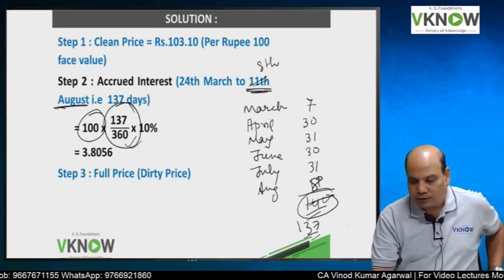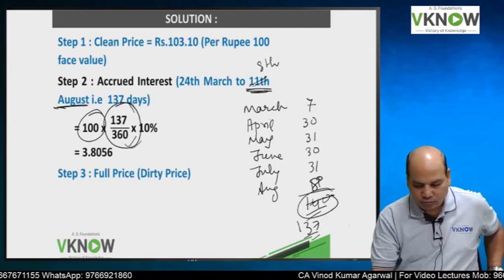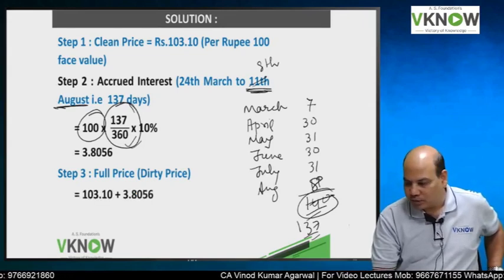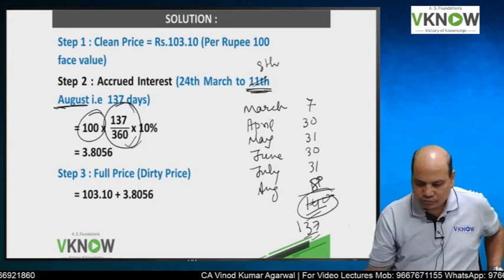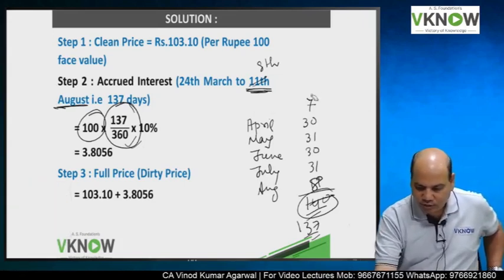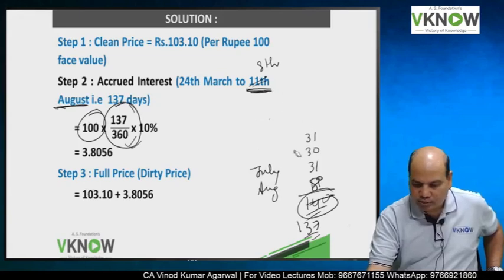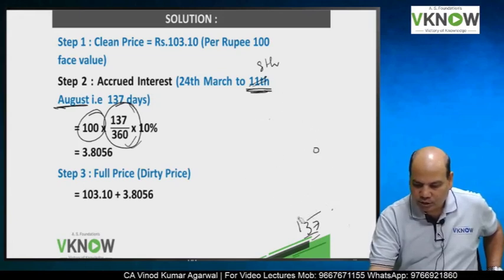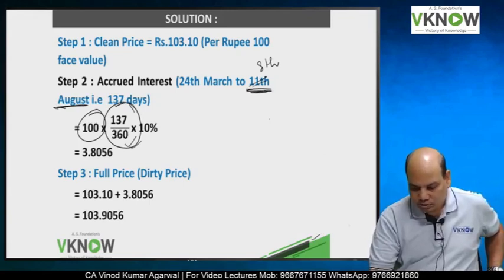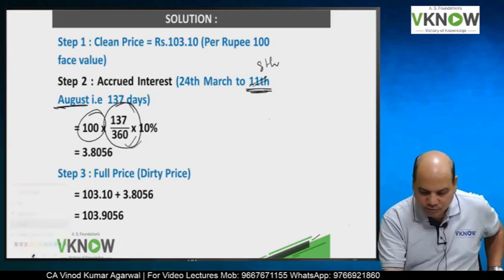Now write down step 3, full price. Full price will be clean price plus interest accrued. That is how much? 103.10 plus 3.8056, which is 106.9056.